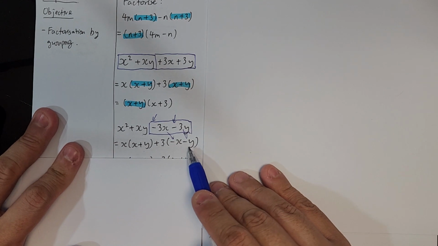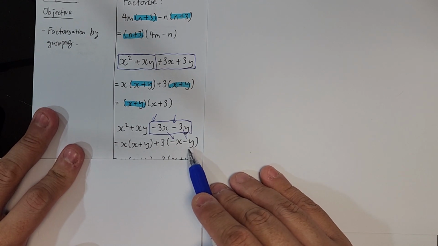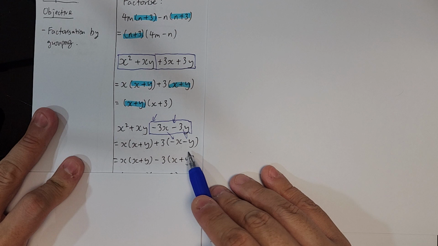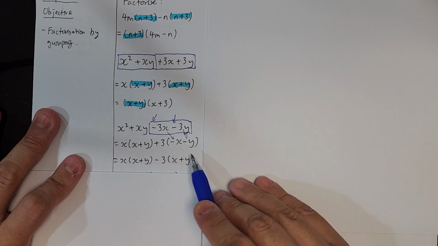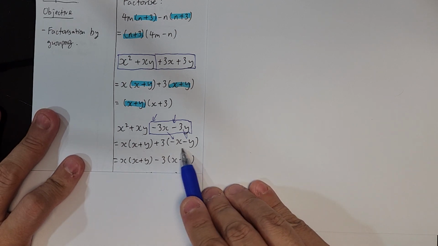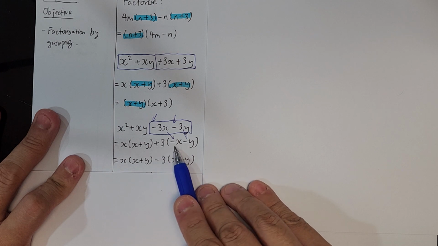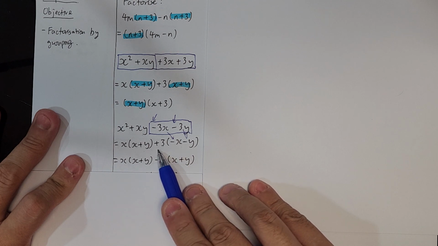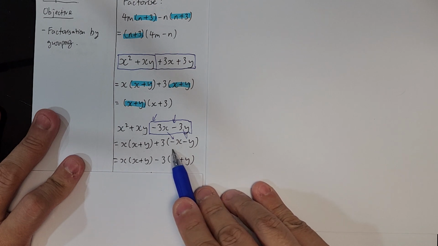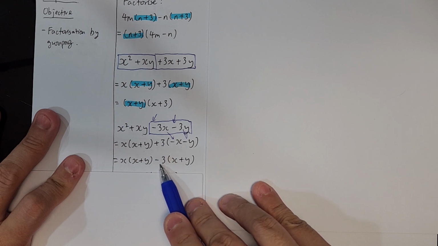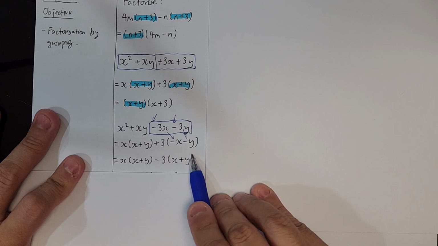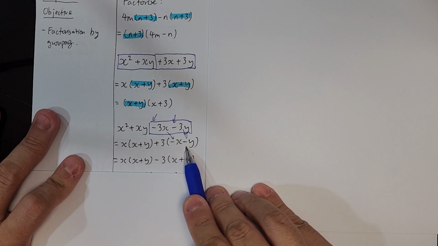What I'm doing here is factorizing out negative 1. As a shortcut, you can think of the sign in front of the bracket, this positive sign, like a switch. When I switch it to a negative sign, all the plus and minus signs inside invert.